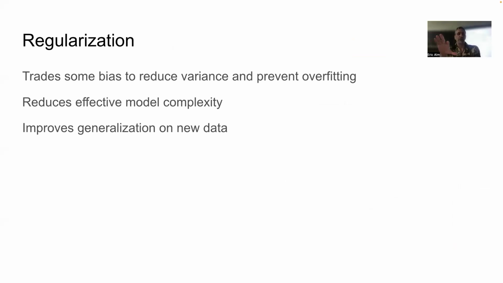So we have this trade-off between bias and variance, and that's where regularization comes in. Regularization is basically what we use when we have models with way too many parameters; we can trade a little bit of bias.